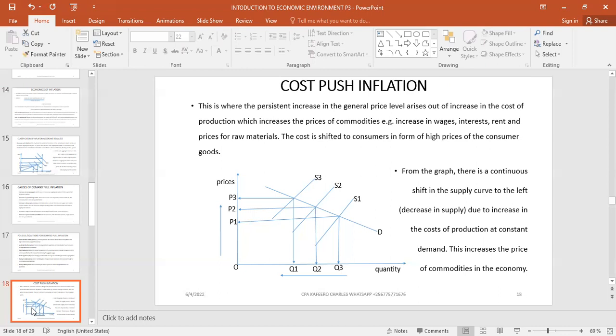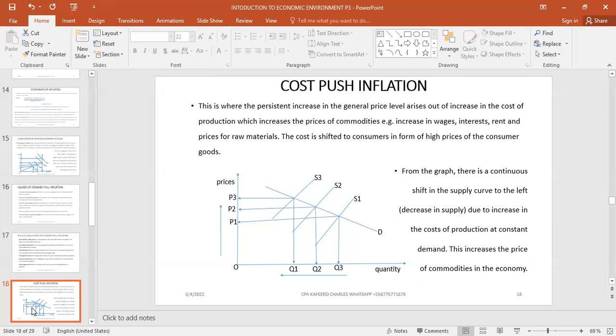We said the cost is shifted to the final consumer in the form of a higher price of consumer goods. So when the cost of production is high, that cost is transferred to the final consumer, and it will be the final consumer to bear whatever price they have set.